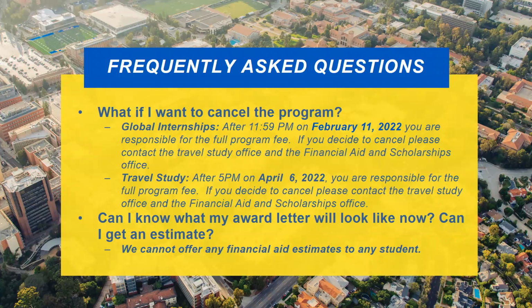I know what it was last year, but that's not going to do you any good next year. All I can tell you is that we are going to award fully up to the cost of attendance. The amount of that which is grants versus loans, we can't really tell you, because I don't even know how much university grant we're going to award.